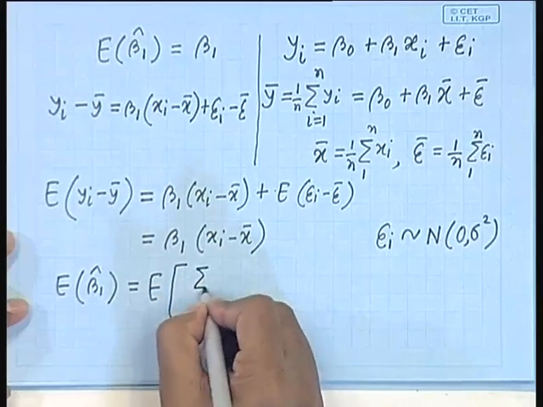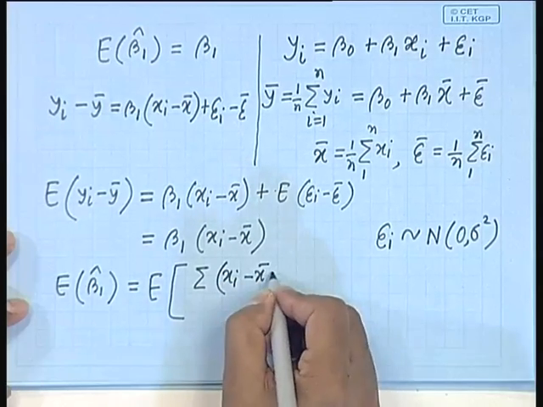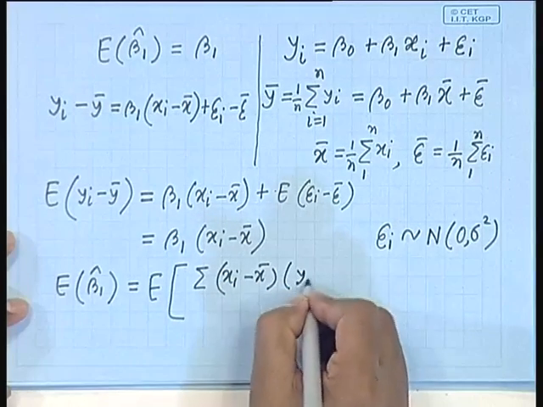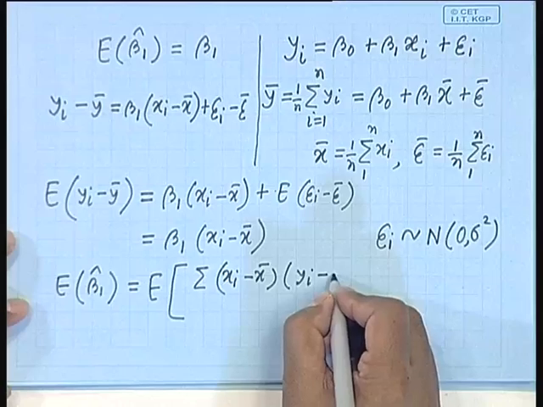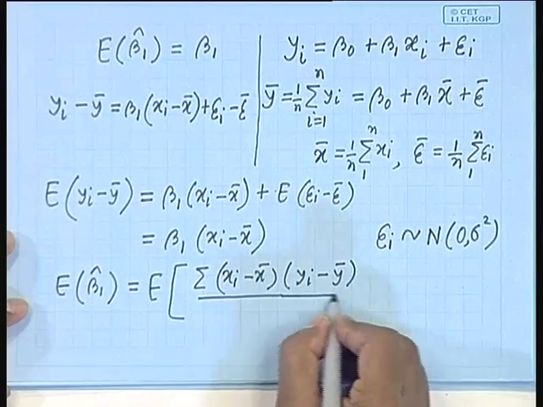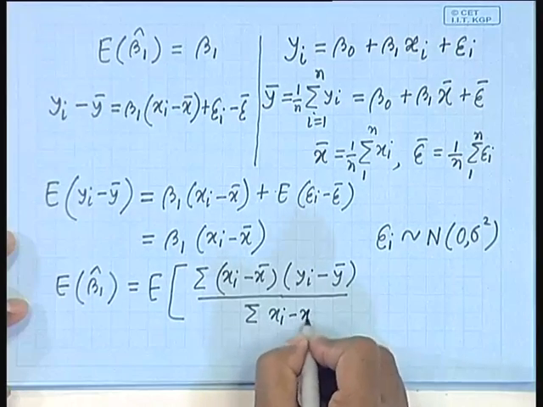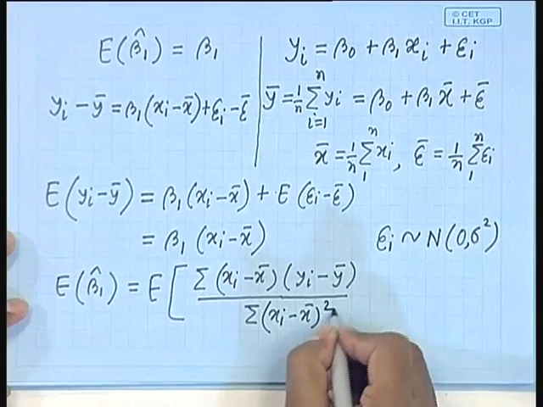Beta 1 hat is equal to summation xi minus x bar yi minus y bar by summation xi minus x bar whole square.